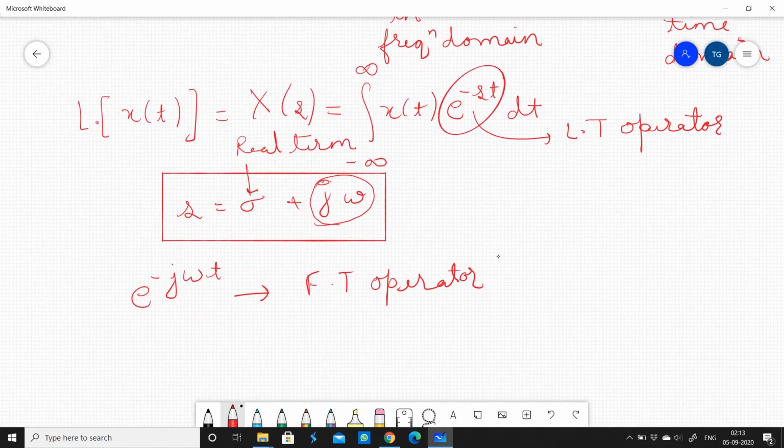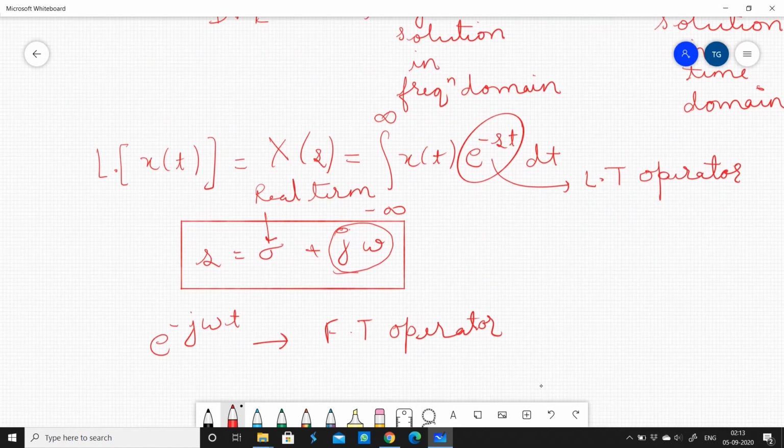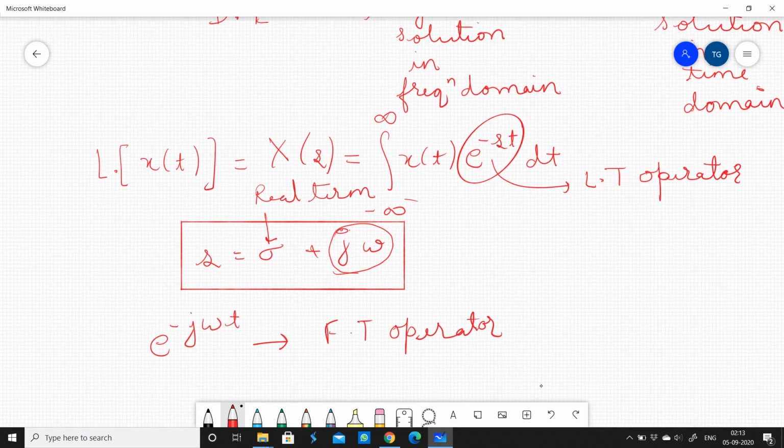When the lower limit of this integral is minus infinity, then it is known as the bilateral Laplace transform equation.